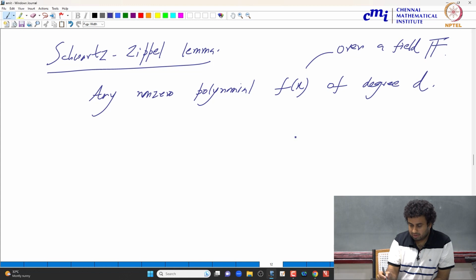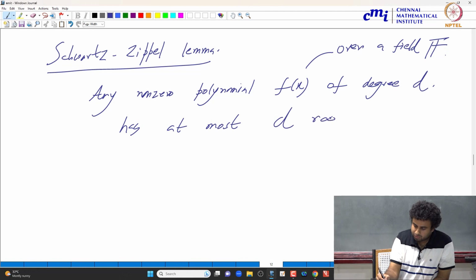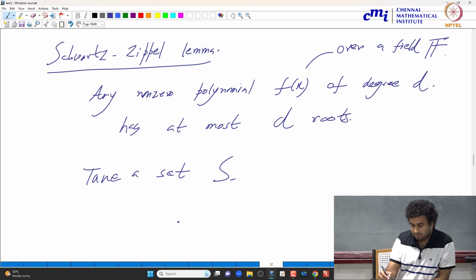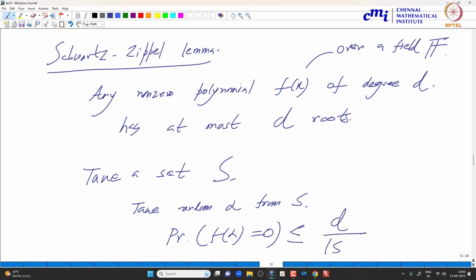So if you take a set S and pick a random value alpha from S, then the probability that f(alpha) is 0 has to be less than or equal to d divided by the cardinality of S, because there can be at most d roots.